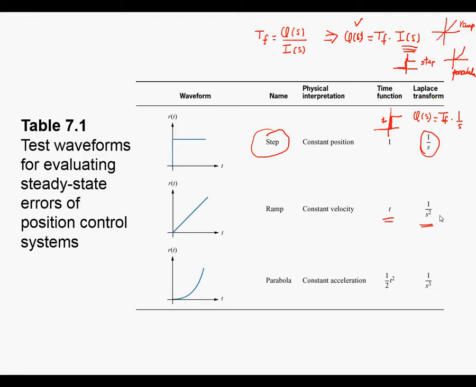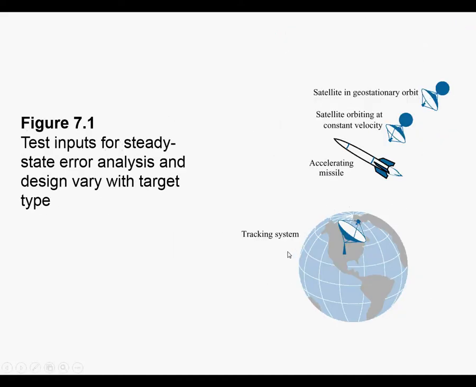For a parabola you have a constant acceleration. This would be 1/2 of t squared, and the Laplace transform is 1 over s cubed.